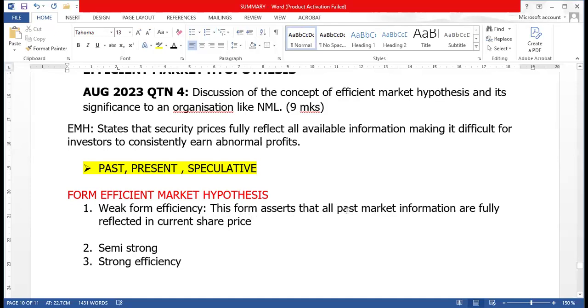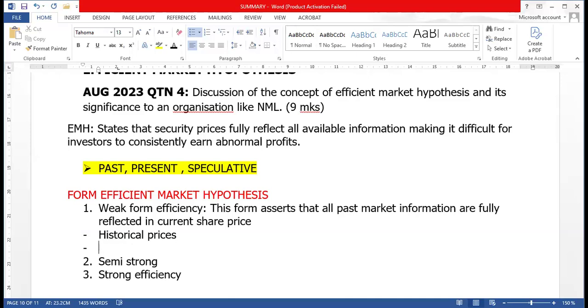The past information could be the historical prices. In the previous periods, what was the price of such a security? Is it reflecting when we look at the pattern?